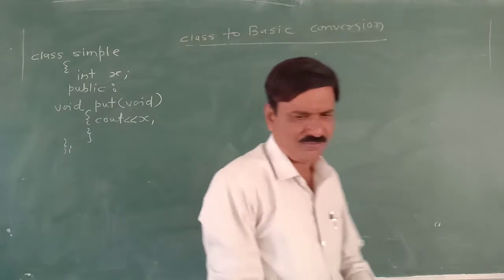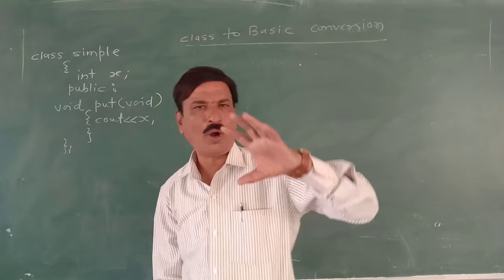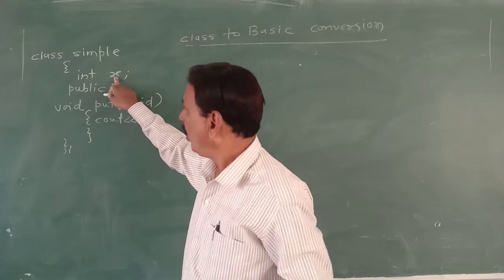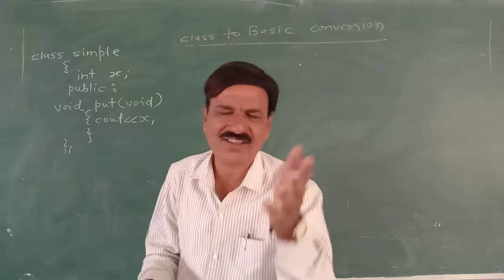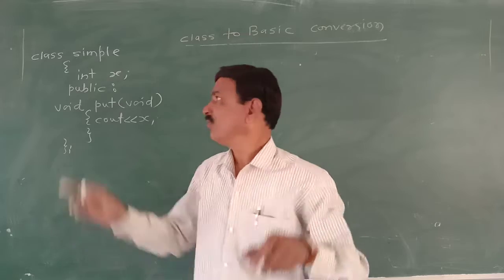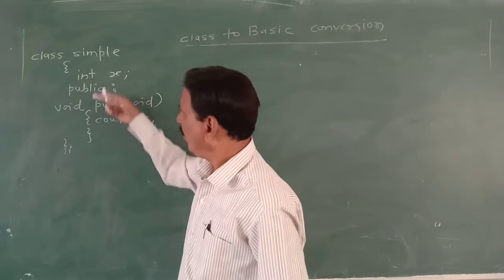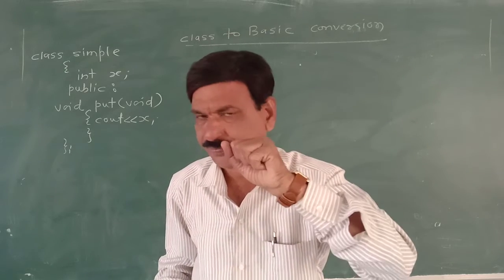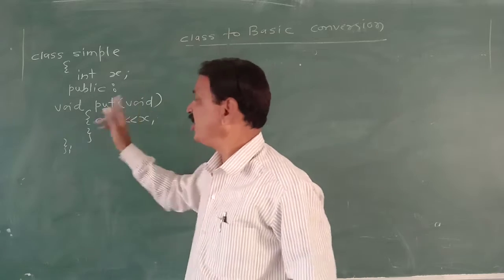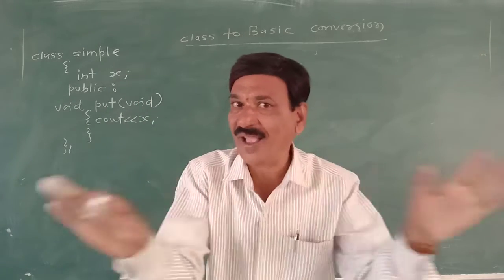Now, you might be surprised that we have designed the class simple, in which there is one data member in private, but there is no function to initialize x. And we know that private data members can be initialized by members of its own class. So this class must have such a function which will initialize x, but we have not defined any such function.